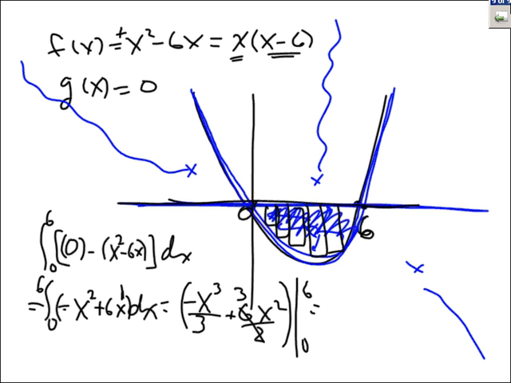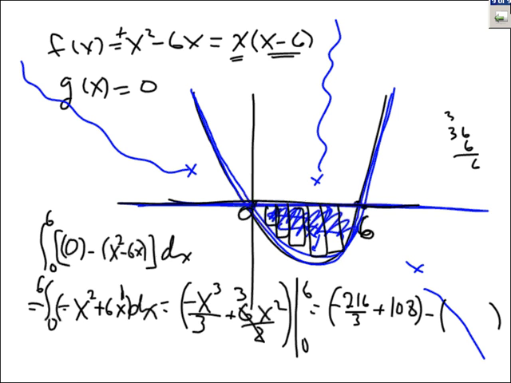When you plug 6 in, you get negative 6 cubed, which is 216. Negative 216 over 3 plus 3 times 6 squared. 6 squared is 36. 3 times 6 squared is 108.